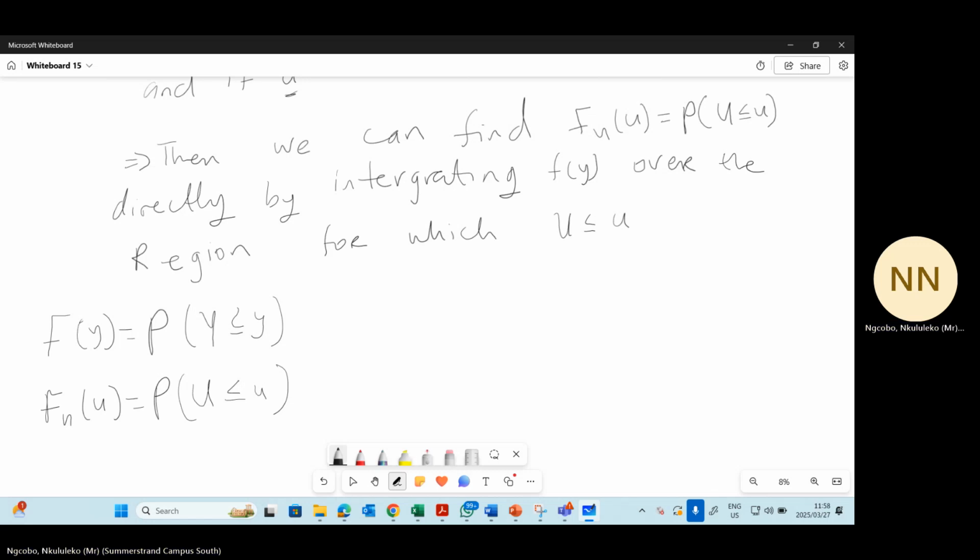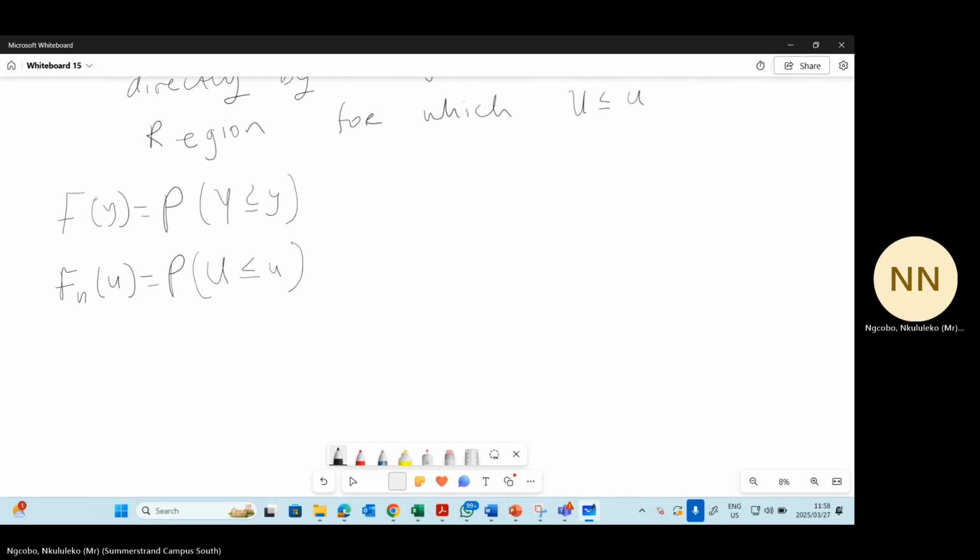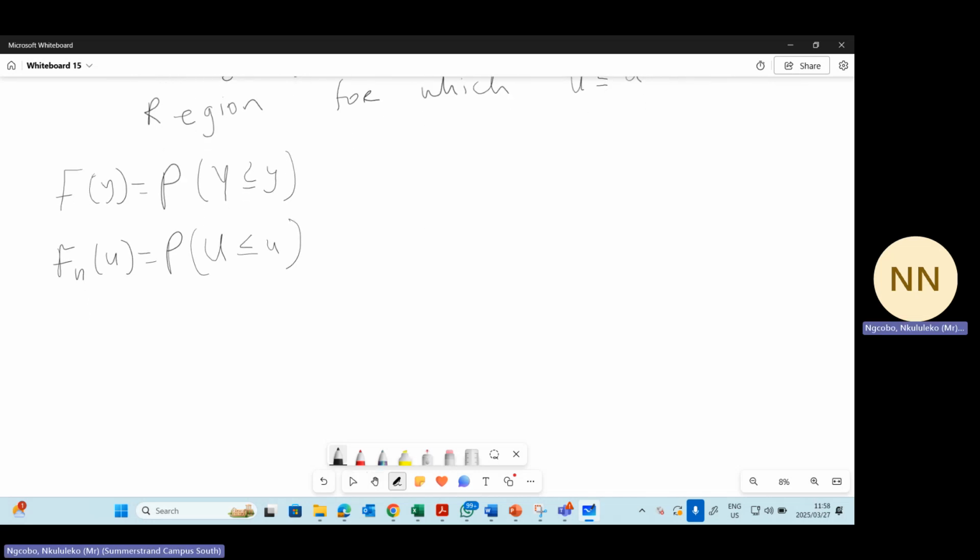Then let's look at an example to see how we could go about this. But before we look at the example, we understand that the derivative of the distribution function F of y is just equal to the density function f of y, right?